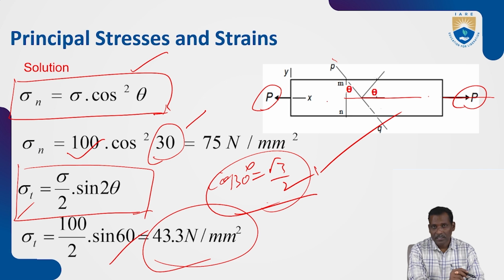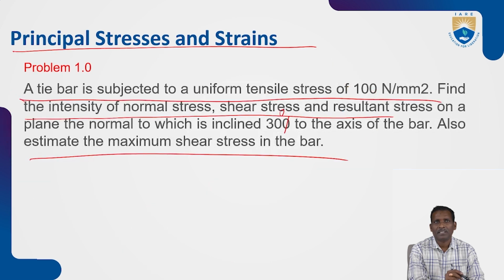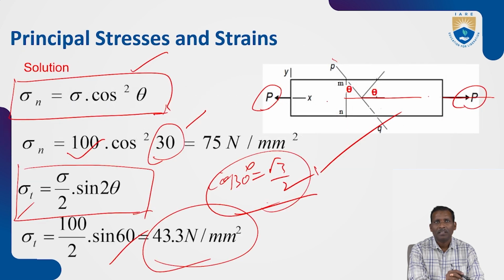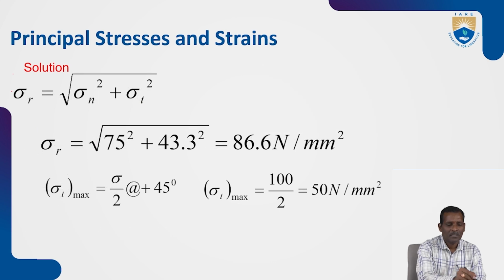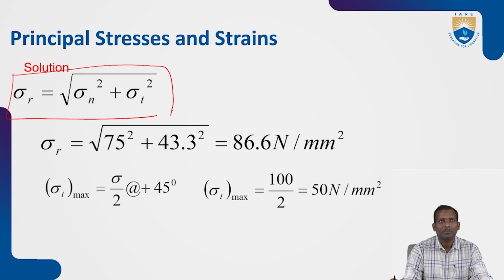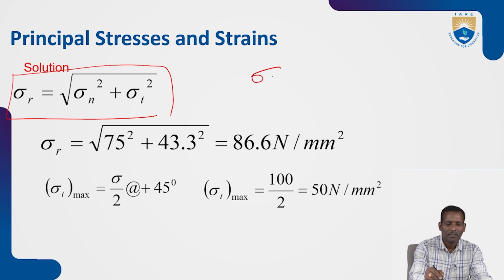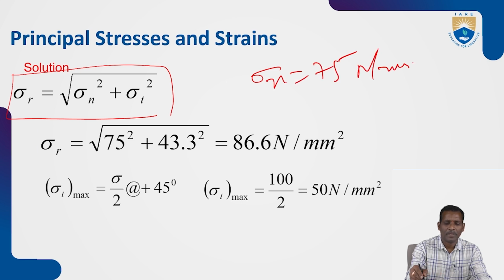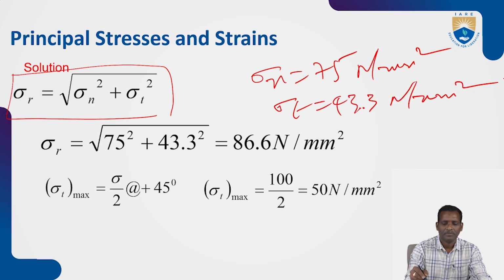Then the resultant stress on a plane is the square root of sigma n whole square plus sigma t whole square. Sigma n is 75 Newton per mm square and sigma t is 43.3 Newton per mm square.